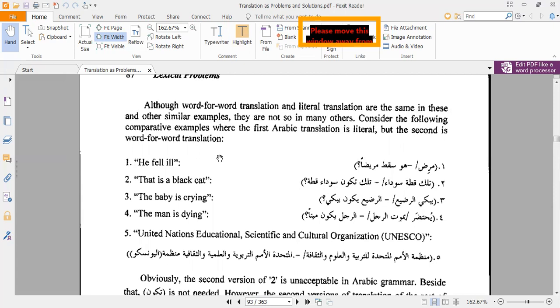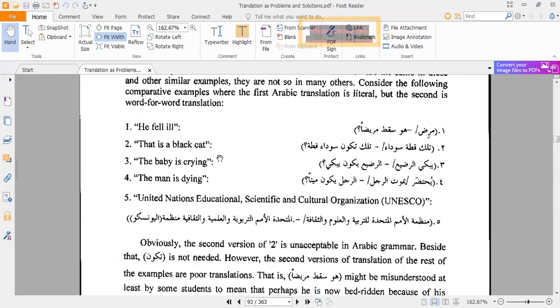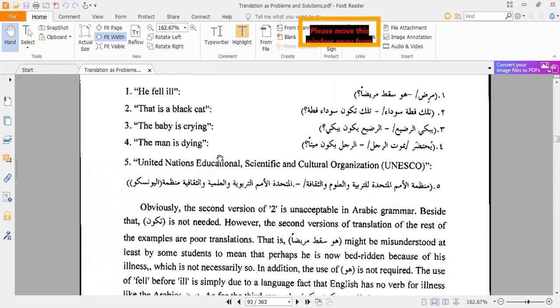So fell is used only for grammatical purpose to make a sentence with ill. Okay, so this ungrammatical use does not reflect a good translated version.